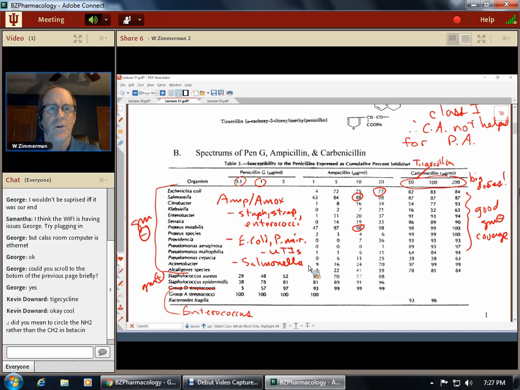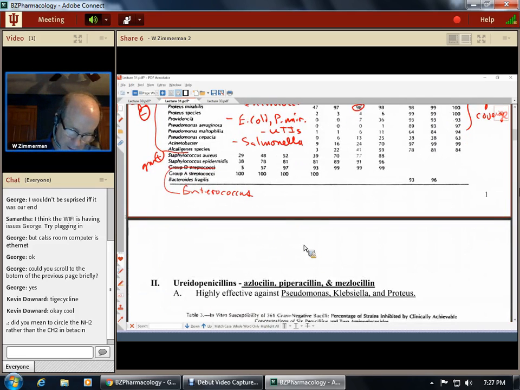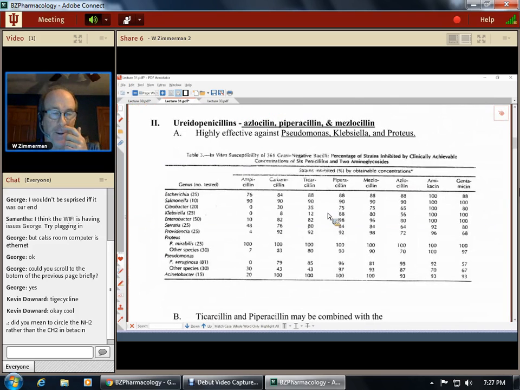Okay, let's go to the next page. There at the VA, we used ticarcillin combined with clavulanic acid time and time again. That's all we ever used. And I always kind of wondered, you're not even in the notes telling students there are these ureidopenicillins that are very highly effective against Pseudomonas, Klebsiella, and Proteus.